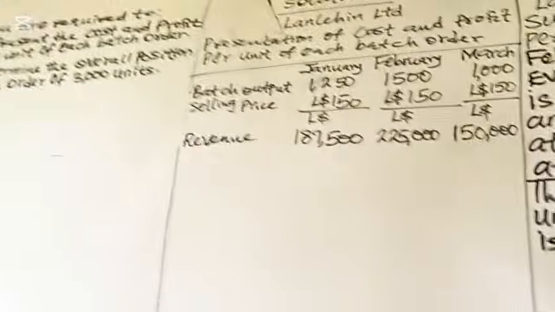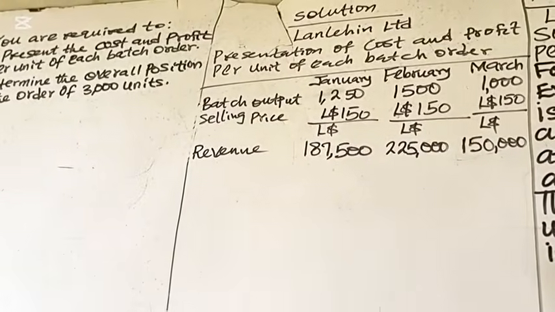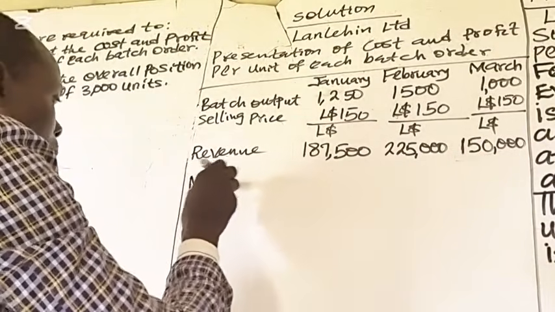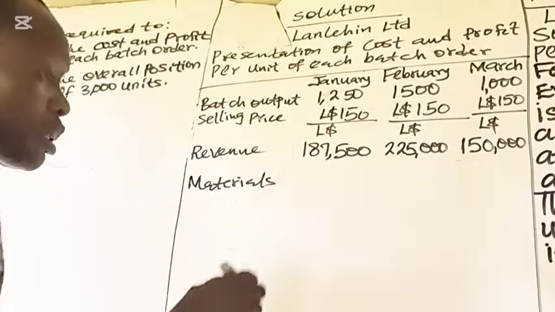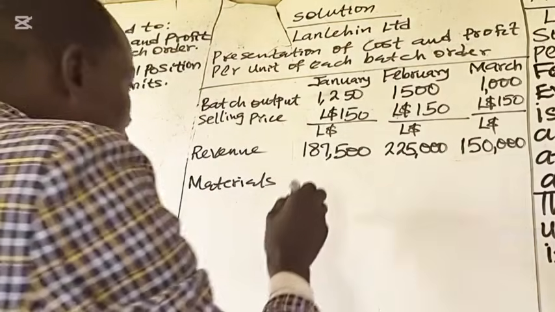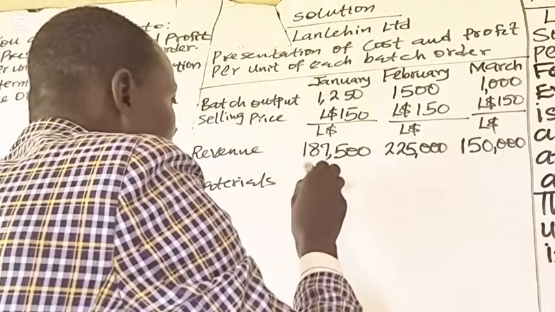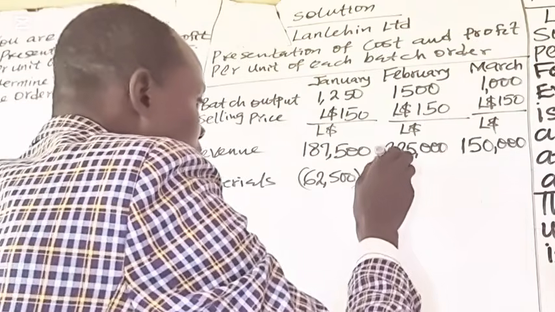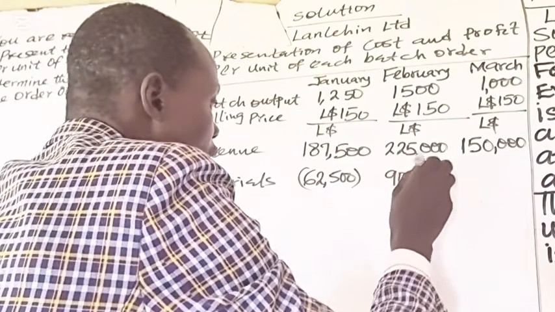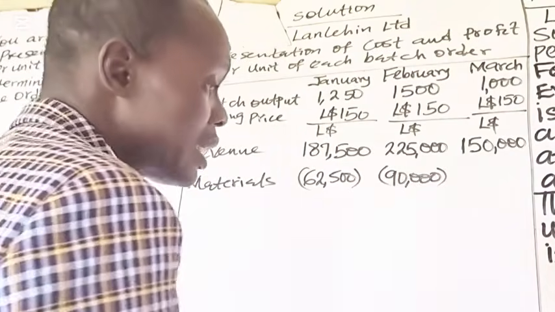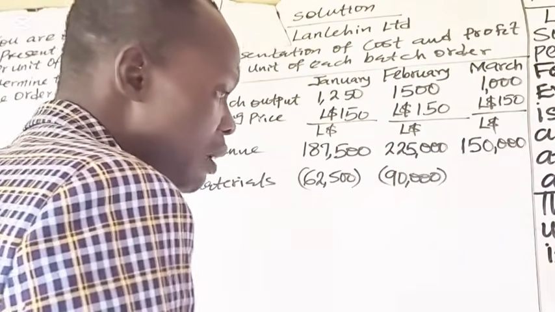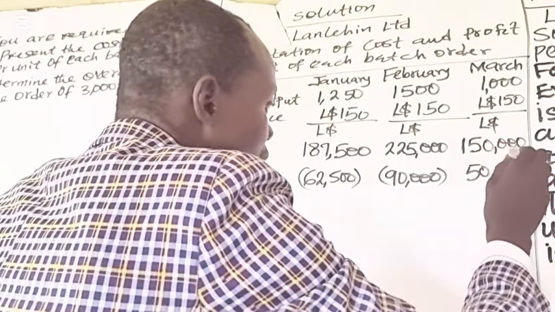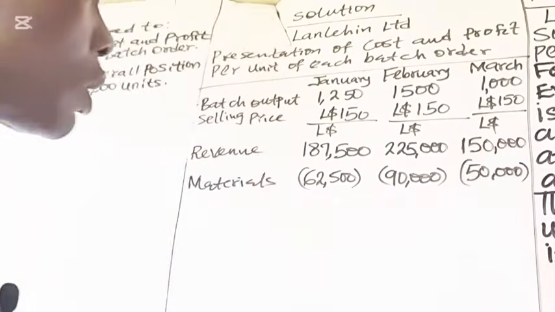So we want to record that in the month of January we have materials of 62,500. In the month of February we have 90,000 as the cost of the materials, and in the month of March we have 50,000. These are the cost of materials given in the question.